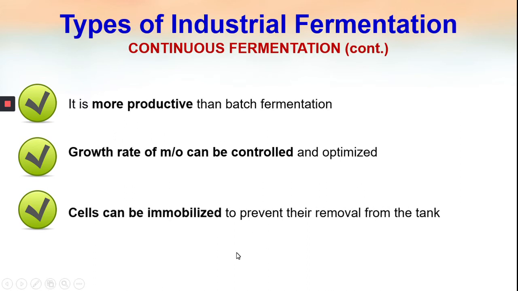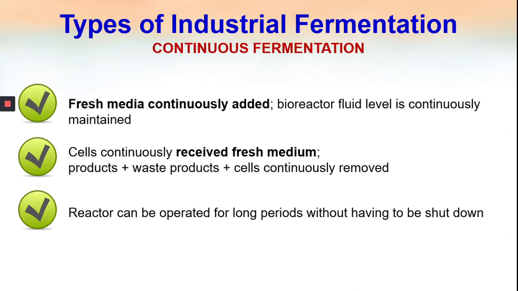Okay, now we are going to the second operating system. The second operating system is called continuous fermentation. Under continuous fermentation, fresh medium is continuously added and the bioreactor fluid level is continuously maintained.